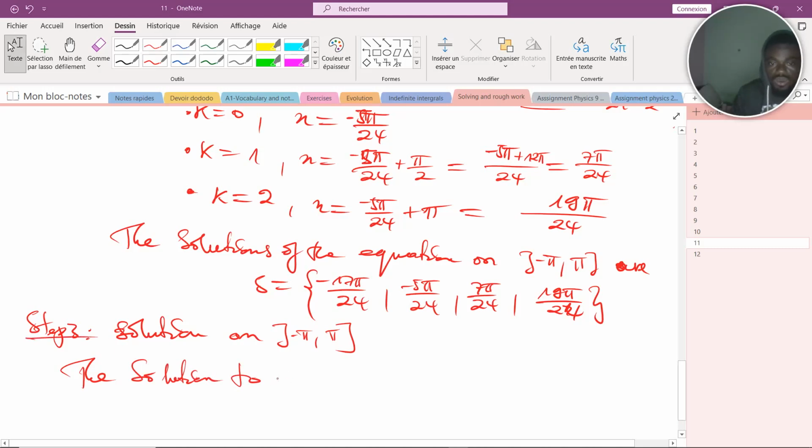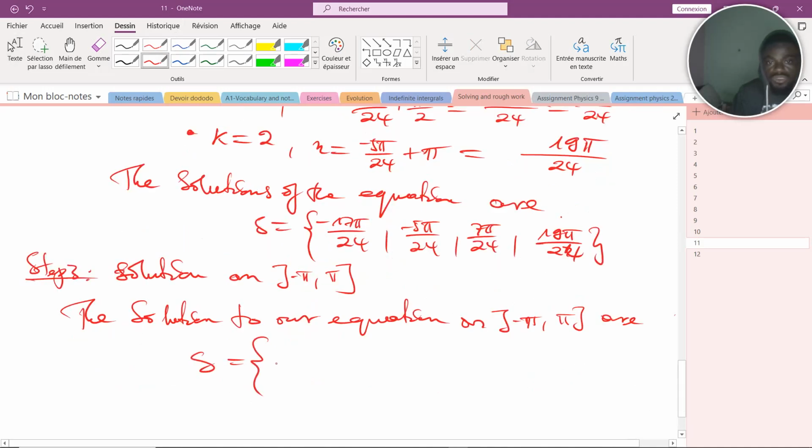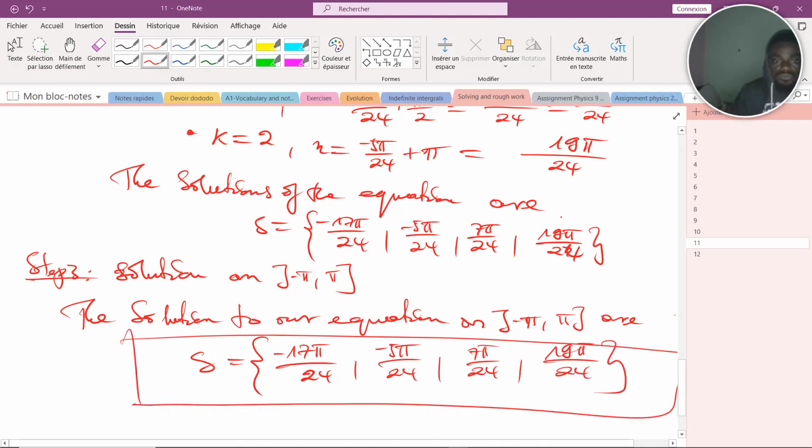The solutions to our equation on the interval are S being equal to the set of solutions: minus 17 pi on 24, minus 5 pi on 24, 7 pi on 24, and 19 pi on 24. So that's the solution. Is that okay?